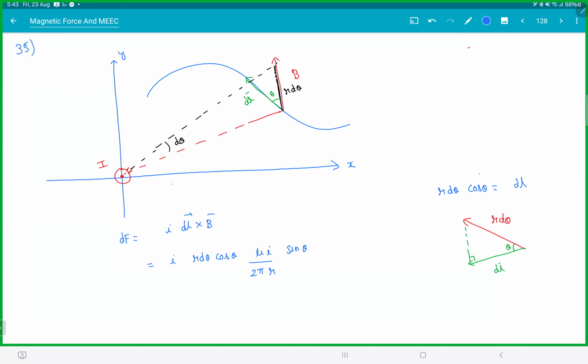Mu naught I dl cos r. dl cross r bar. Yeah, did I miss something here? Theta is coming now.